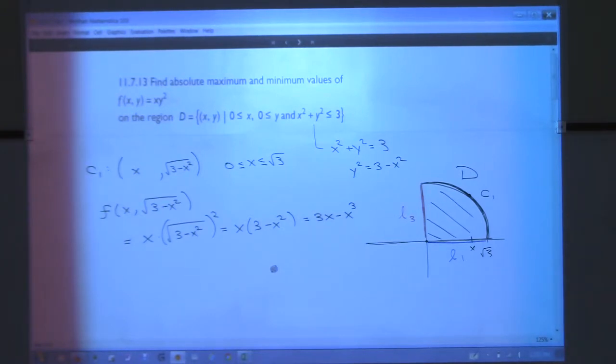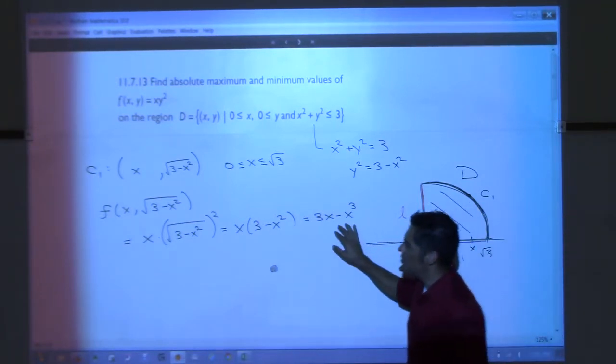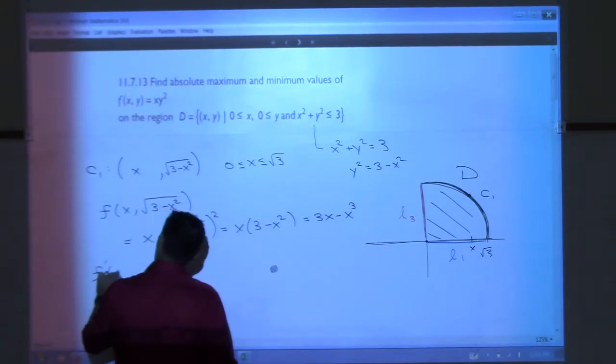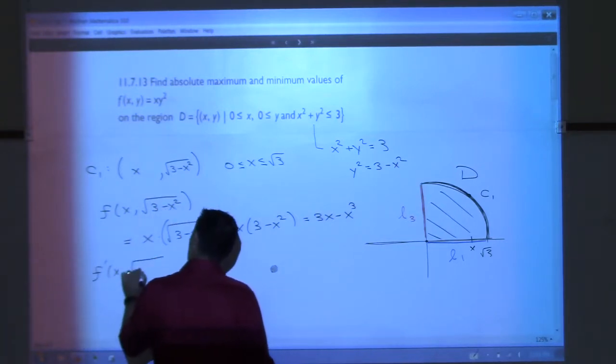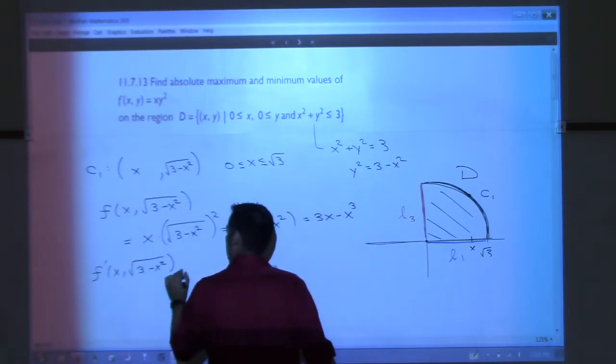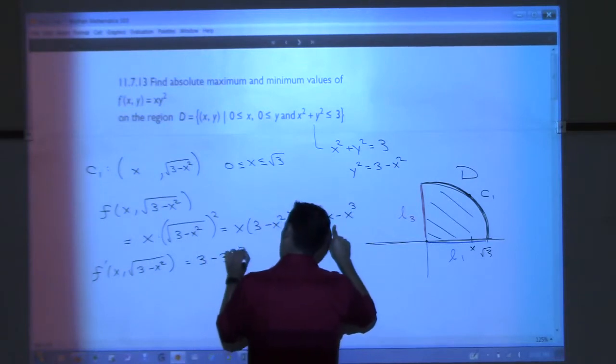So now we've got a function of x now, right? Now we need the derivative of this. So let's take our derivative. The derivative of this function on that curve C1 is going to be 3 minus 3x squared.